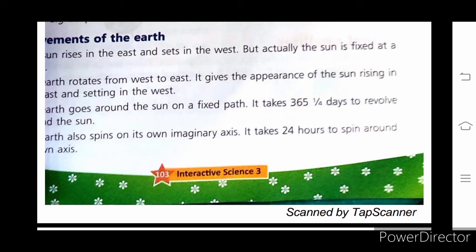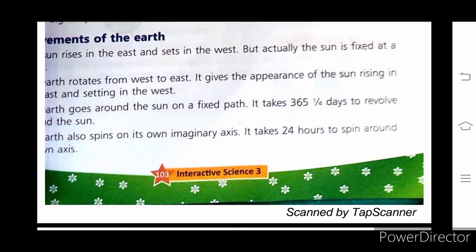Let's see, children. As you know, the sun rises in the east and sets in the west. But actually here the sun is not moving. Here the sun is fixed. It is placed and around it the earth is moving, revolving.